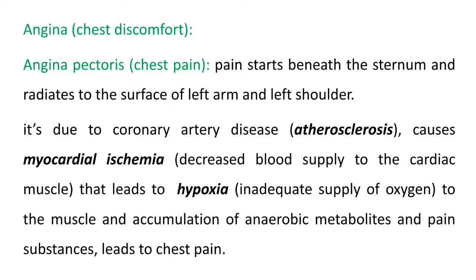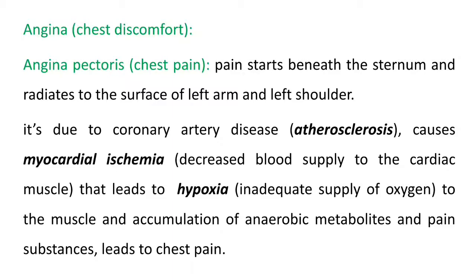Myocardial ischemia means decreased blood supply to the cardiac muscle. So if the blood supply decreases, there is no oxygen and nutrients supplied to that myocardium, the cardiac muscle, that leads to hypoxia.